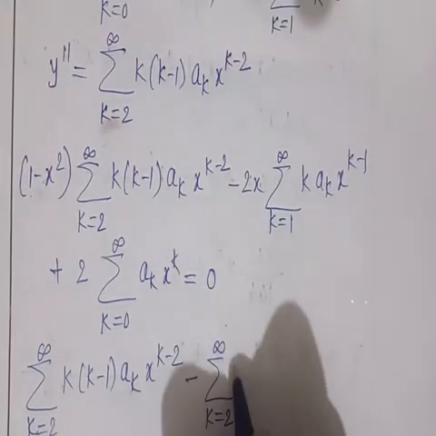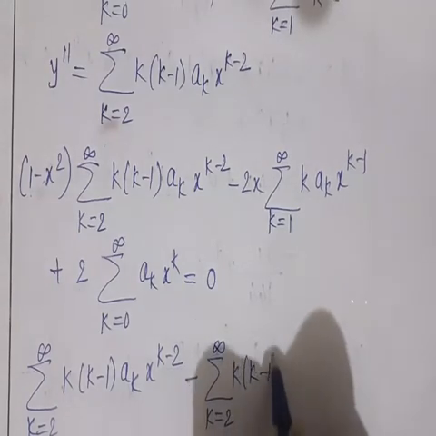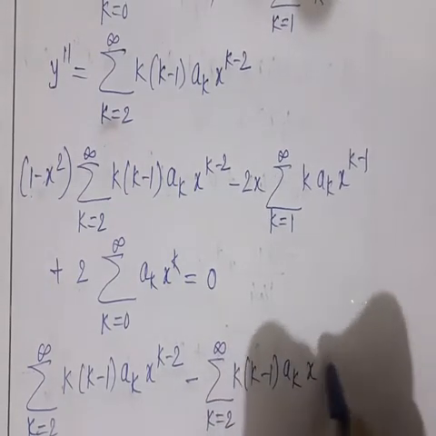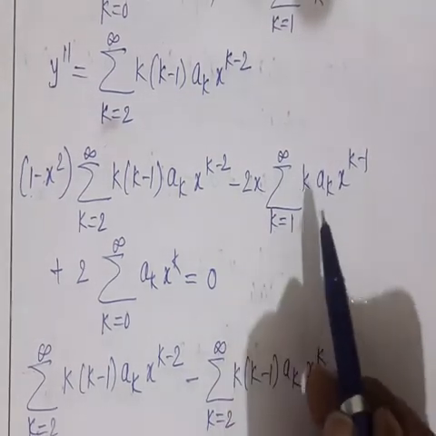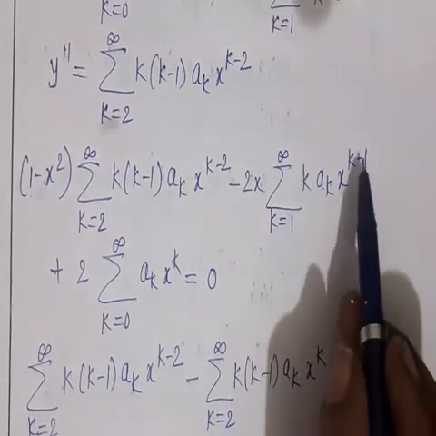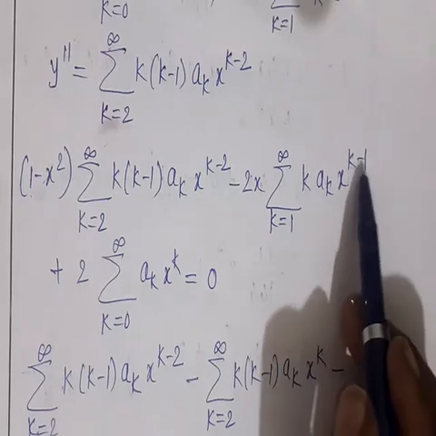So this becomes k(k - 1) a_k x^k. Then minus 2x multiplied by k a_k x^(k-1).